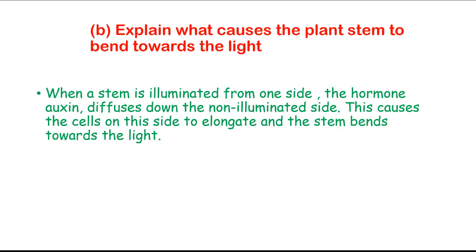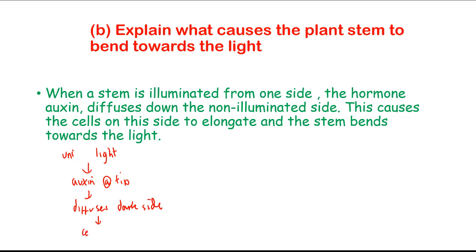Now explain what causes the plant stem to bend towards the light. So you could even put this into a little flow chart. If there's unidirectional light, auxin is produced at the tip. It diffuses down the dark side.